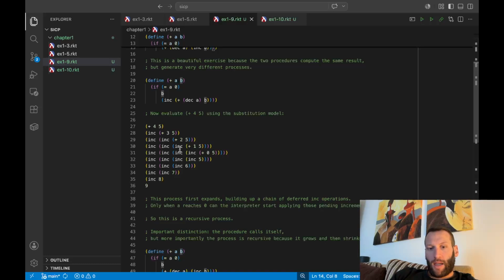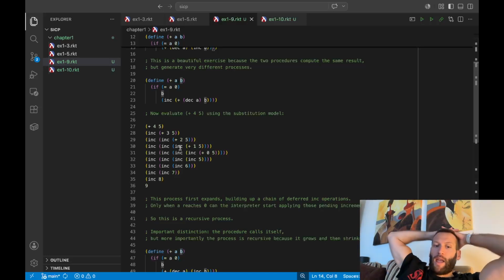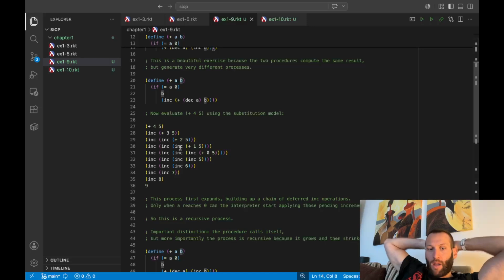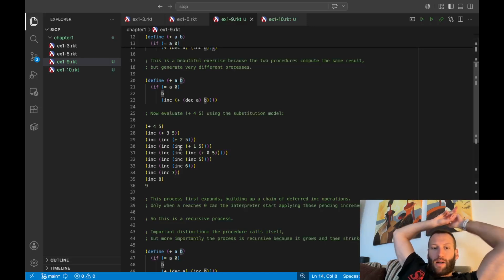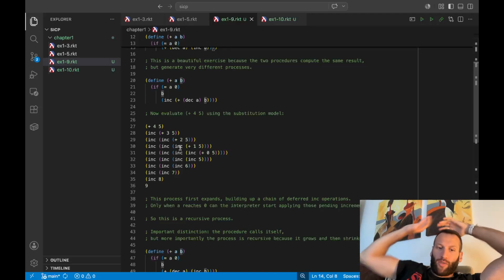So the operation inc that increments its argument by 1 is deferred. And only when A reaches 0, the interpreter starts applying those pending operations, those pending increments. So we are in the case of recursion. This is a recursive process.